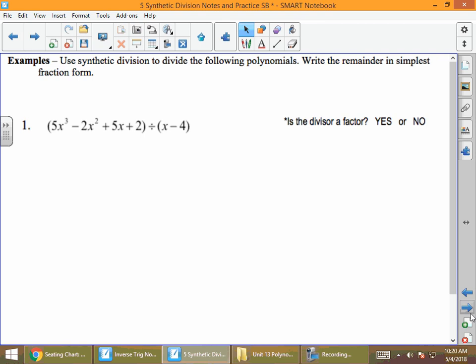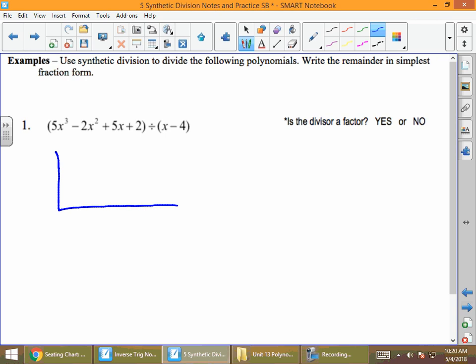We look at our first real example down here: use synthetic division to divide the following polynomials, write the remainder in simplest fraction form. Well, once again, when we start this, upside down division bar, leave enough space. So inside that division bar, you want 2 notebook lines worth of writing.